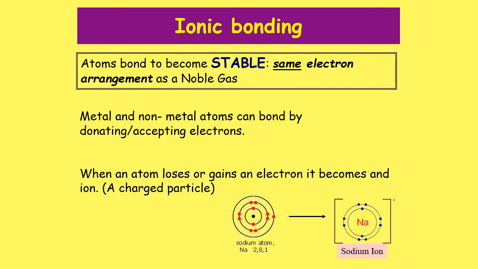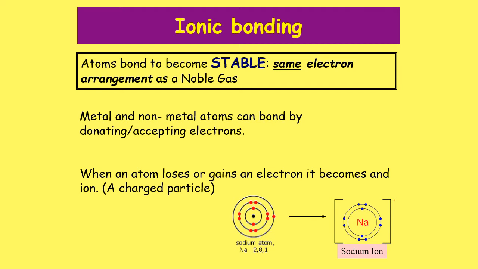This is different from covalent bonds where electrons are shared. This is whenever we have a metal bonding to a non-metal, electrons are given away or they are received. The metal gives away electrons and the non-metal accepts those electrons.